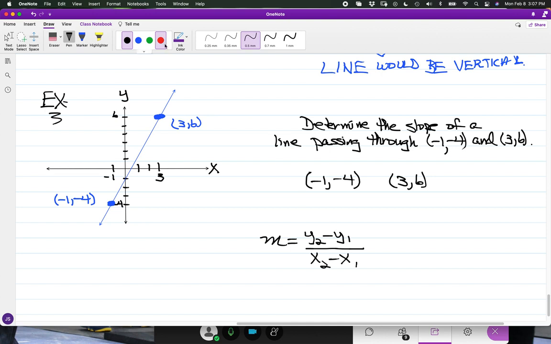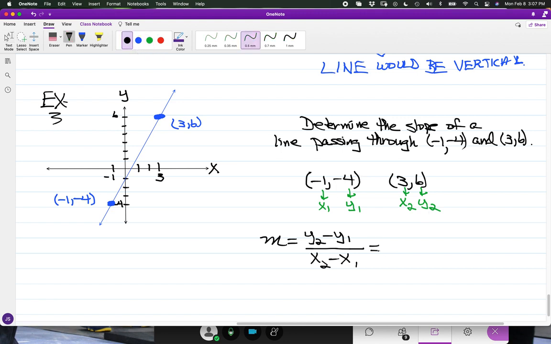So we have -1, -4. Since that one is given first, we can let this represent the x₁, y₁ combination. And with 3, 6, we'll let this be the second set. But it could be the other way around. We have 3, 6 as x₁, y₁, and -1, -4 as x₂, y₂.